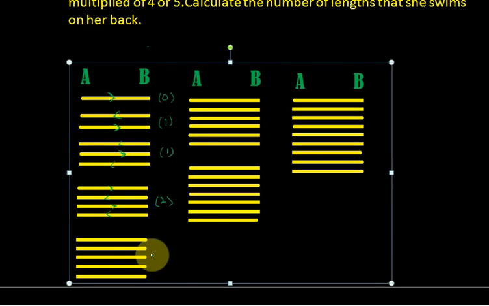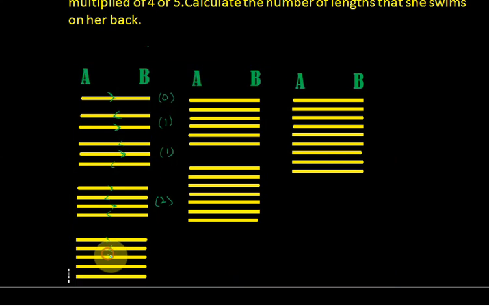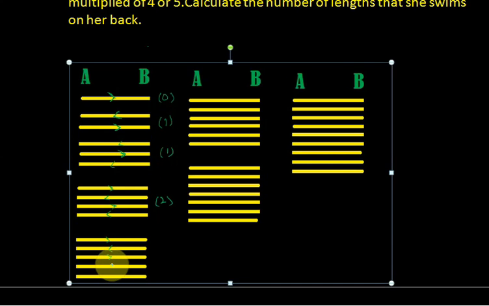And length 5, she stops at A, then she starts again from A, so A to B is forward, and B to A is back, then forward, then back. Basically A to B first go and then back, then go, then back, then go. So 2 back are here as well in length 5, and she stops at B.